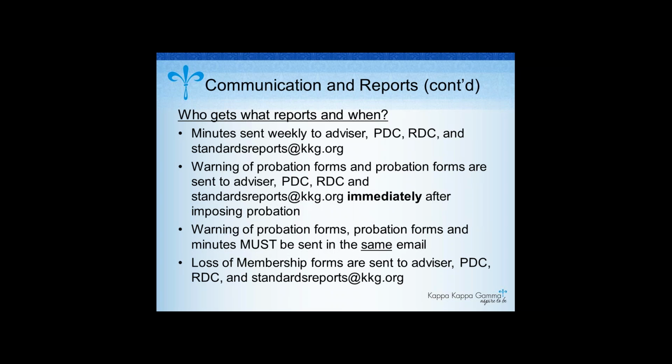The specialists have their own emails, but all the documents sent to standards reports are uploaded to a portal where we can see everything. I know that some of the VPSs in the past have wondered about that, but everything that gets sent to the standards reports, we can see. So make sure those go there.